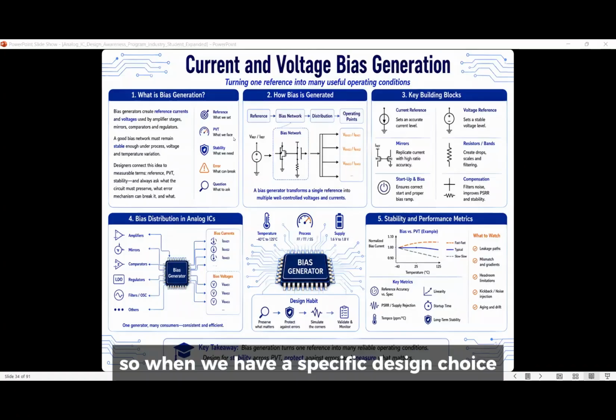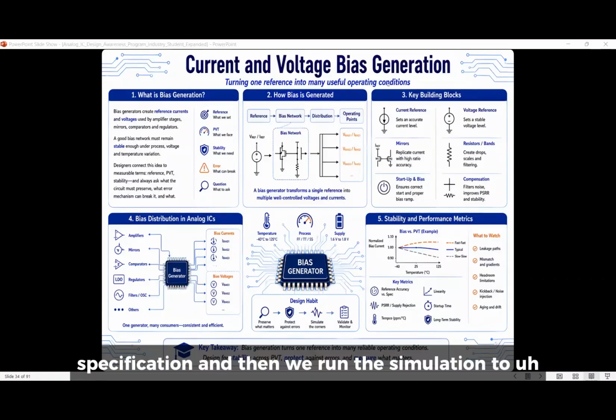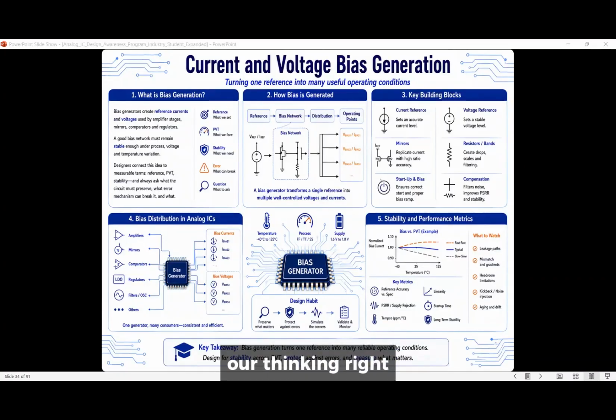So when we have a specific design choice, we must consider which topology we wish to use to meet the specification, and then we run the simulation to verify our thinking.